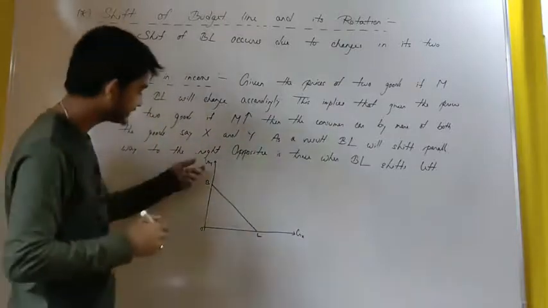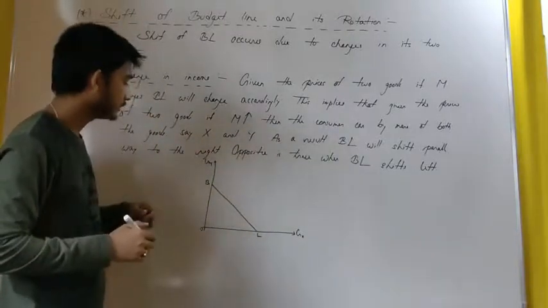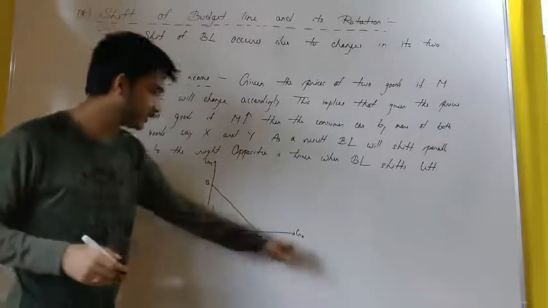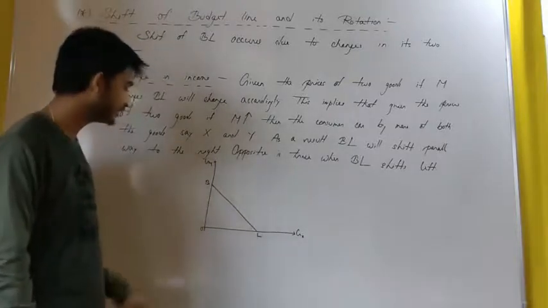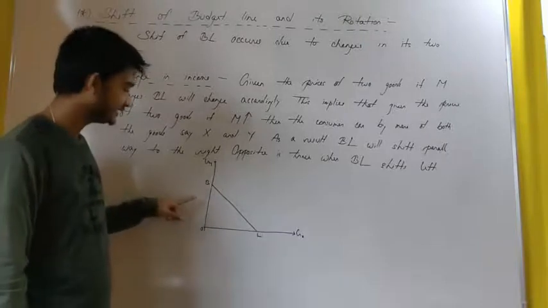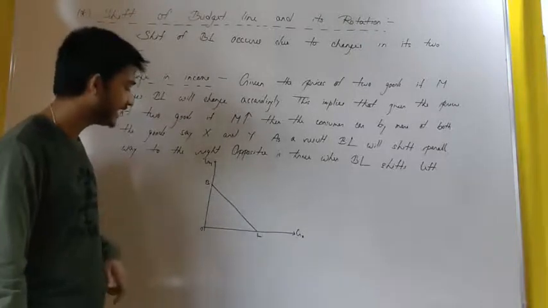So in the vertical axis, good Y is measured, and in the horizontal axis, good X is measured. The initial budget line is given by BL.